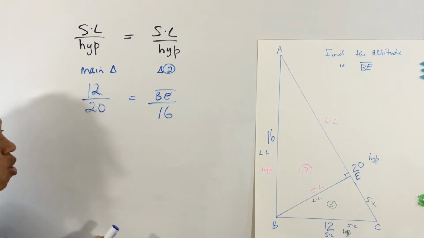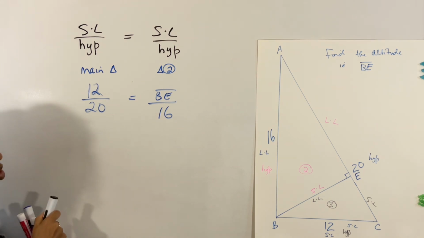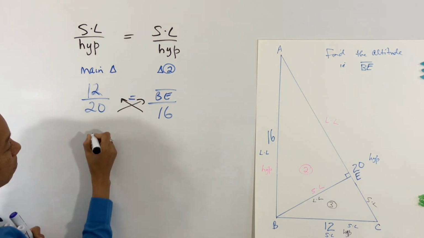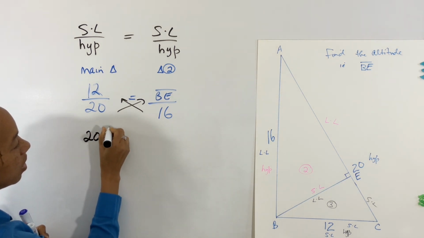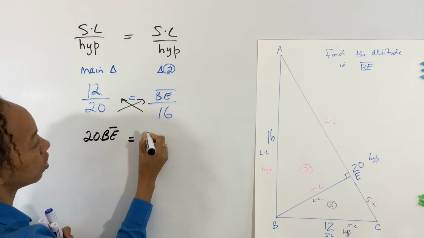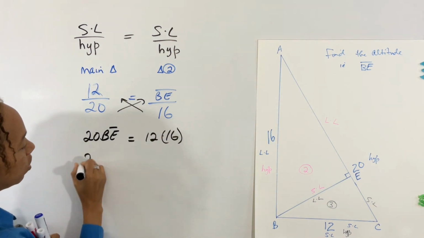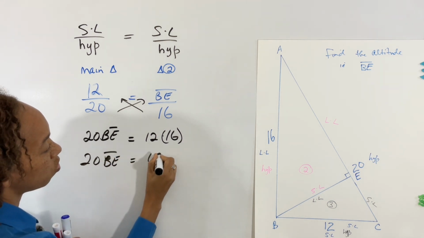Now I'm going to cross multiply as usual, because that's how you solve a proportion. By cross multiplying, I end up with 20 BE equals 12 times 16. So 20 BE equals 192.